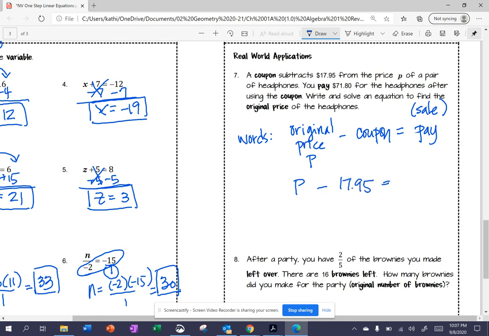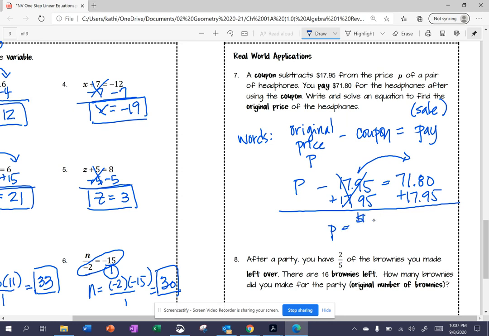And it said we paid $71.80 is how much I paid. So to solve for P, I want to move $17.95 to the right. So I'm going to add $17.95. So my original price is $89.75.